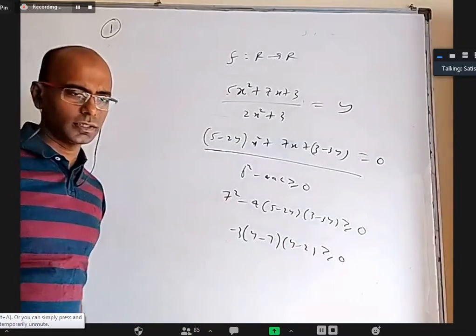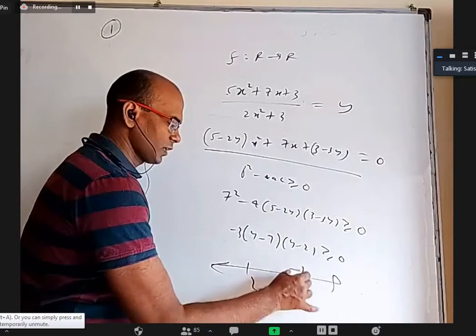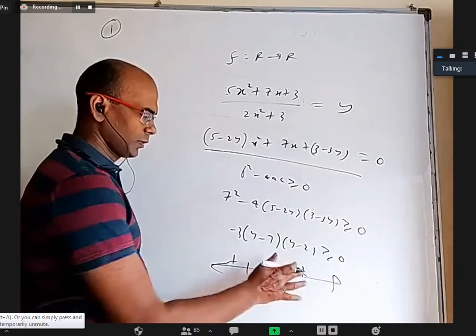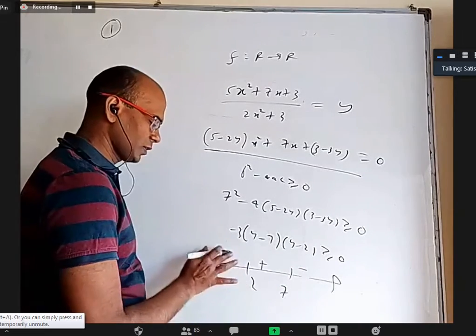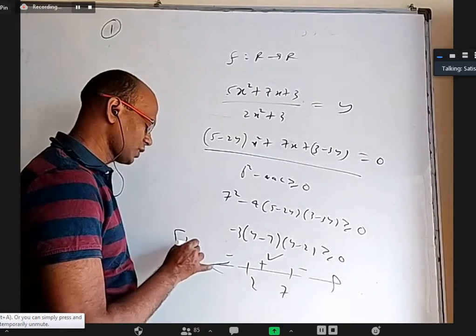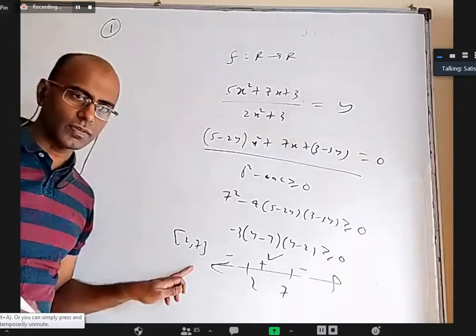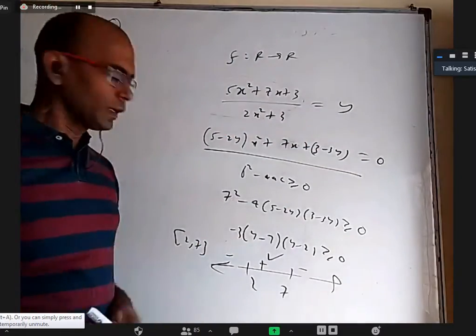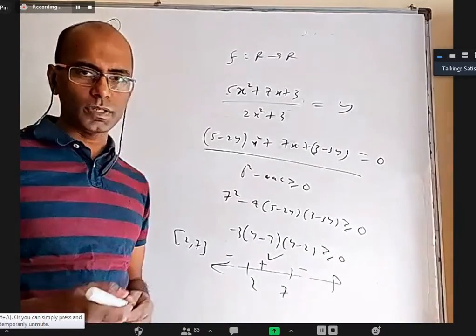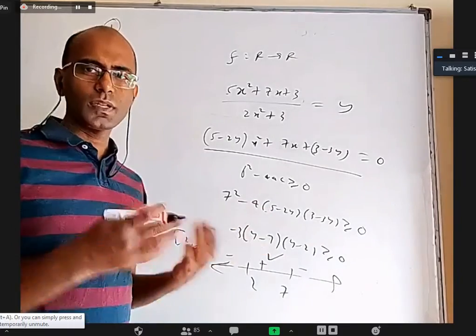Let us say I would have got like that. You know what the inequality solution is? 2 is here, 7 here, plus minus plus, and we want plus, greater than or equal to 0. So it will be closed interval 2 to 7. So you take any y value in closed interval 2 to 7, you can get pre-images. Anything outside that, you will not have pre-images. 2 and 7 are not correct, just apply the rule. I'm just giving an idea.